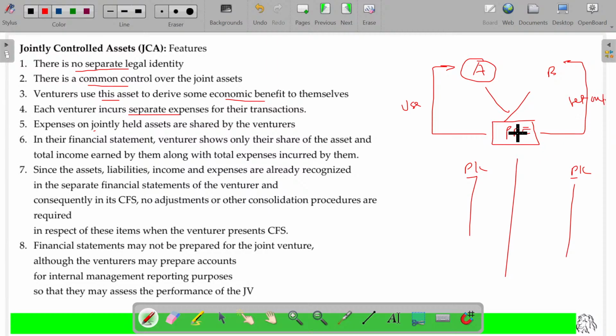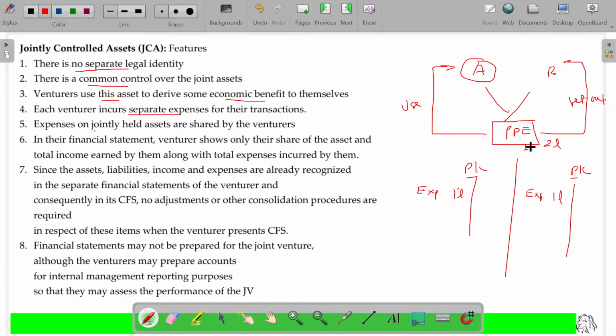For running this business, 2 lakhs is spent. Say 2 lakhs is the expense: 1 lakh is for A's P&L account, another 1 lakh is for B's P&L account.